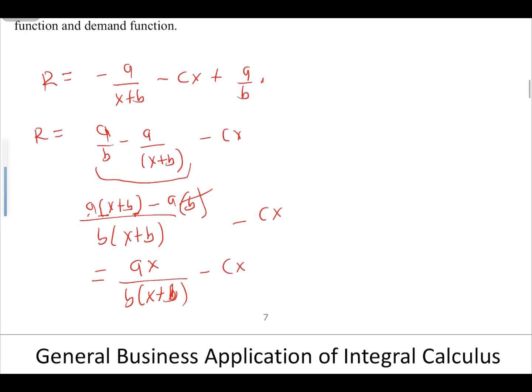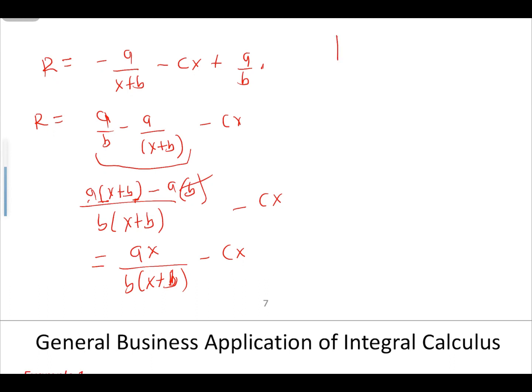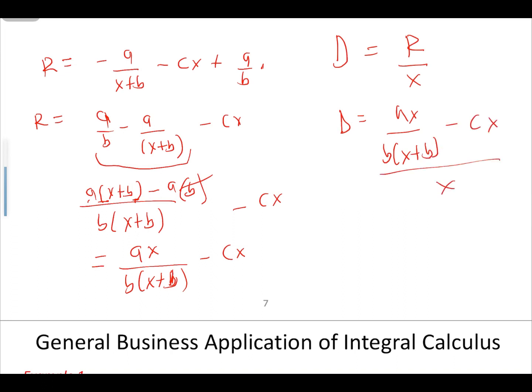And therefore we said that we should represent our demand function d as the revenue function over x, and therefore our demand function is equal to ax over b x plus b minus cx all over x.